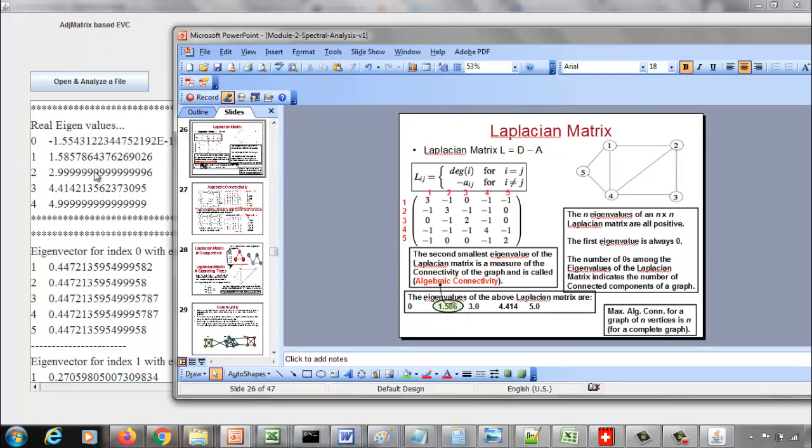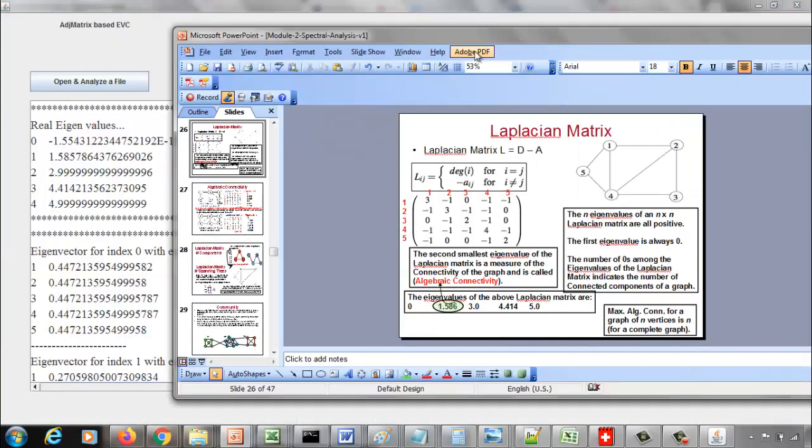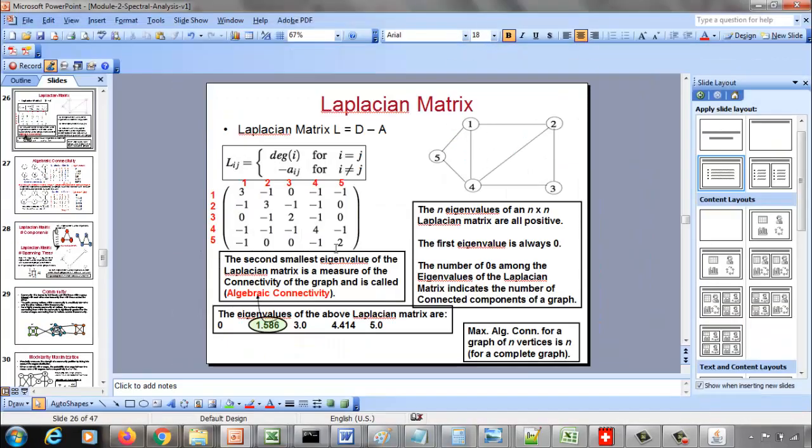Then this is 3, this is 4.414, and this is 5. You're going to get 5 eigenvalues for the Laplacian matrix here, because you have 5 vertices. Now there are very important properties you need to capture here.